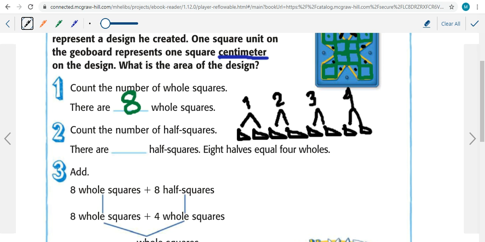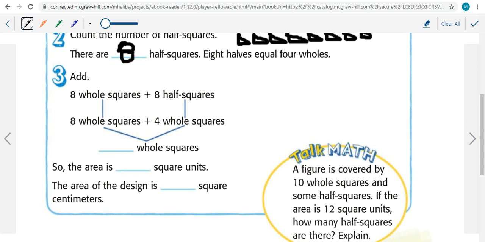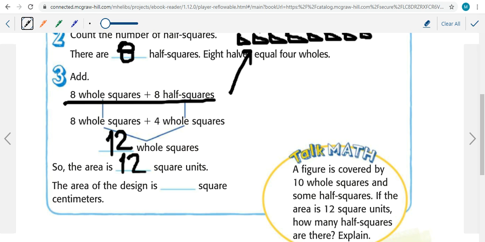There are 8 half squares, and 8 half squares make 4 whole squares. This part is the same as what I just explained. So let's add. How many is 8 plus 4? It's 12 whole squares. So the area is 12 square units or 12 square centimeters.